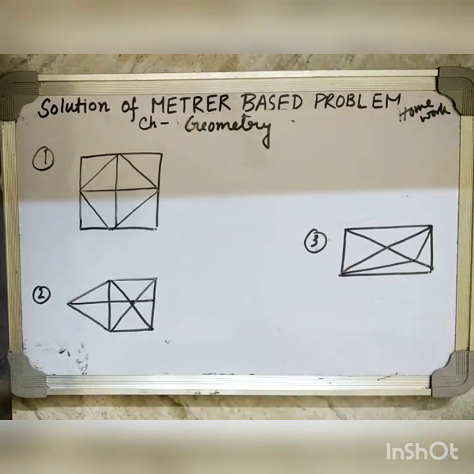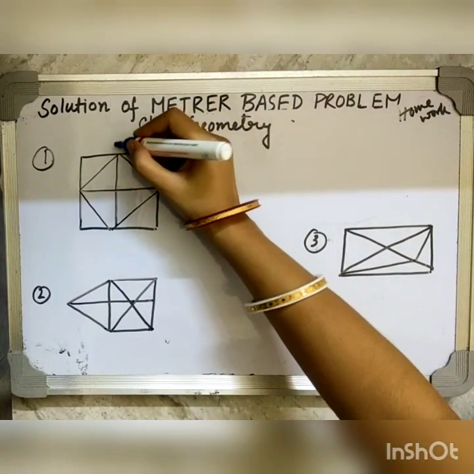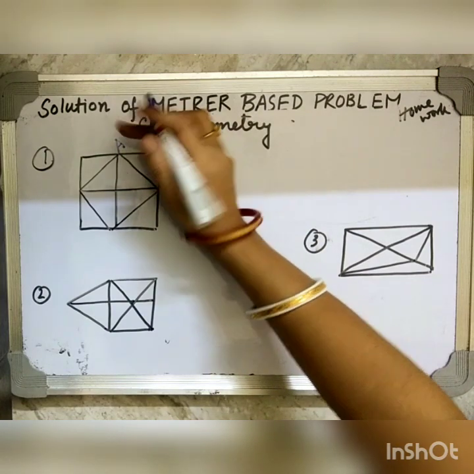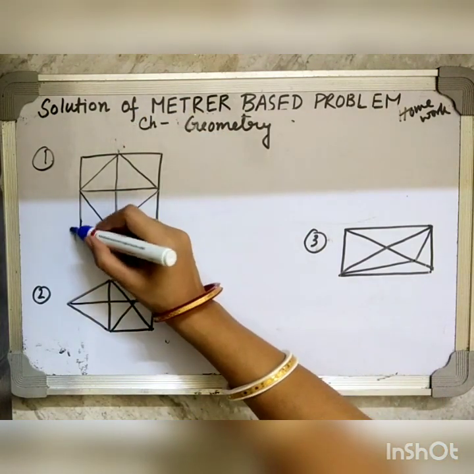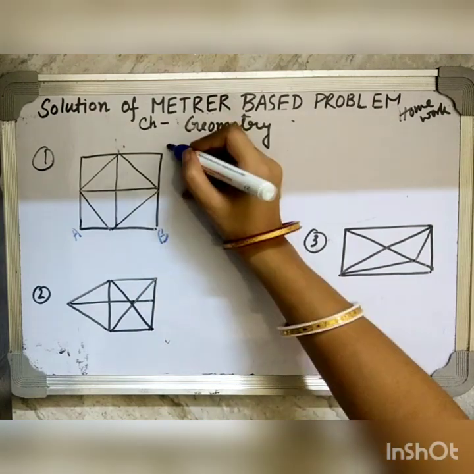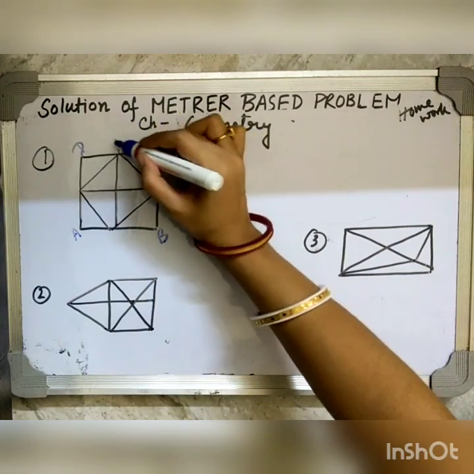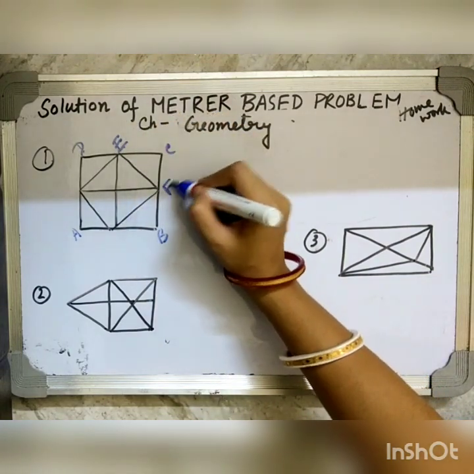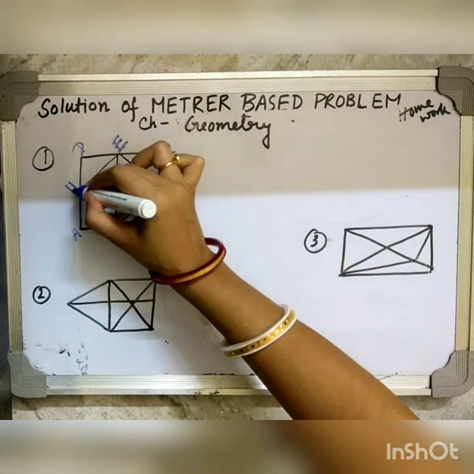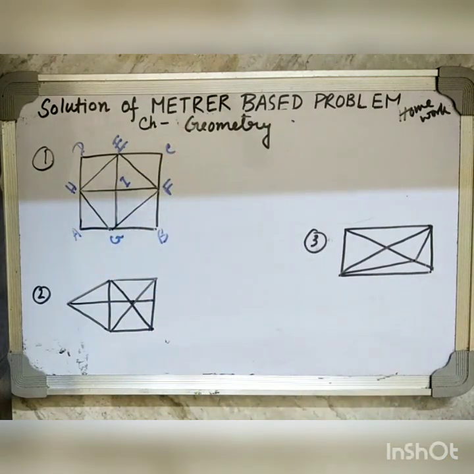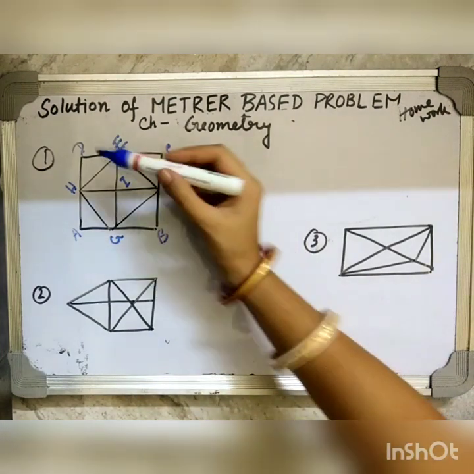Okay. So the procedure which I told you was to name all the points which are present in that figure. C, D, E, F, G, H, I. In this way I have given all the points different names. Now we have to find the triangles.